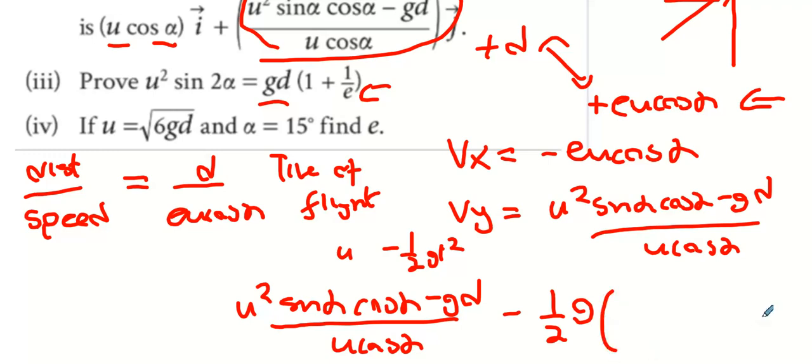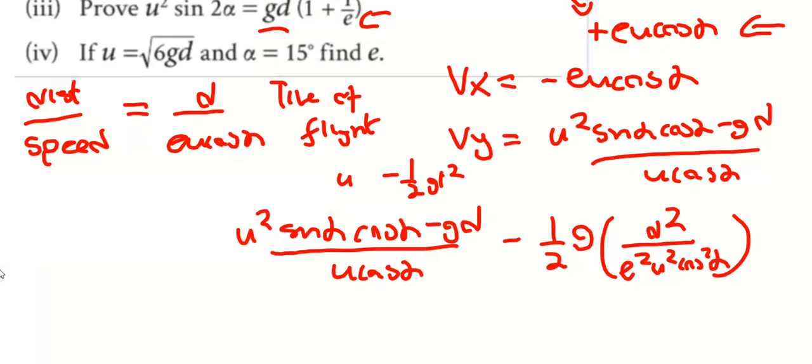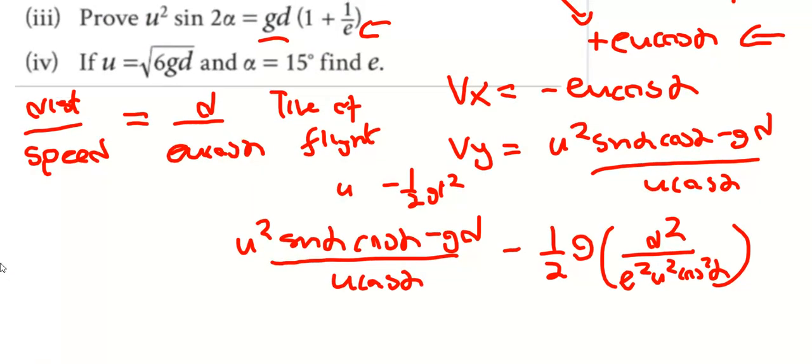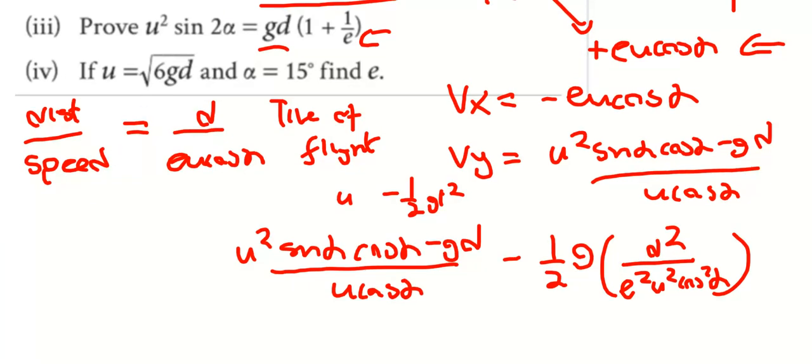So minus a half g. And what's t squared? Do you see it there? D squared and what's it? E squared and u squared and cos squared a. Oh dear. Oh, I should times the u value by t. Thank you.